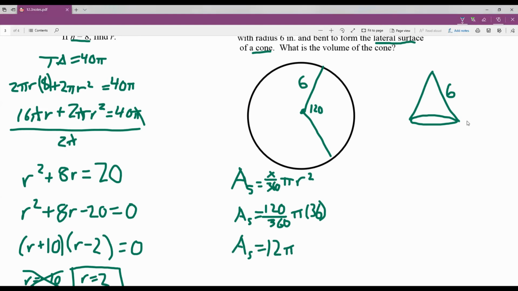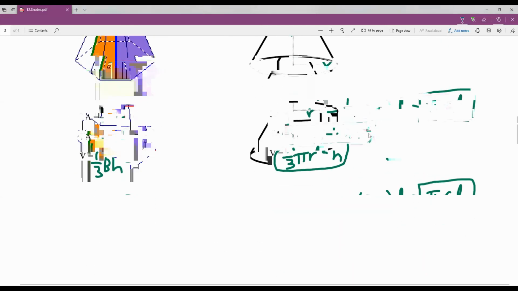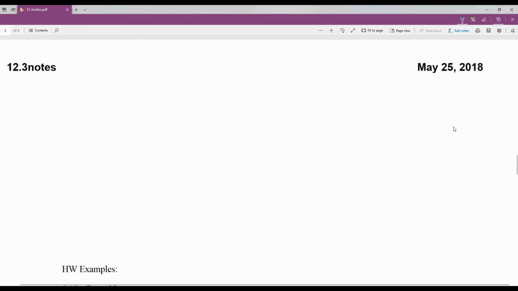which means that the lateral surface area of this cone is going to also be equal to 12 pi. So if we look back up at the lateral area of a cone, it's going to be equal to, sorry, this: pi r l.